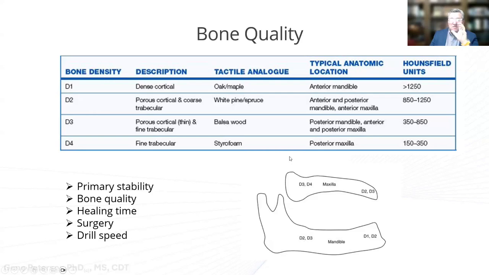Depending on what density your bone is could determine what type of implant or how aggressive of an implant you're placing into the bone, because we have to consider the thread design. Some implants are considered more aggressive for less dense bone.